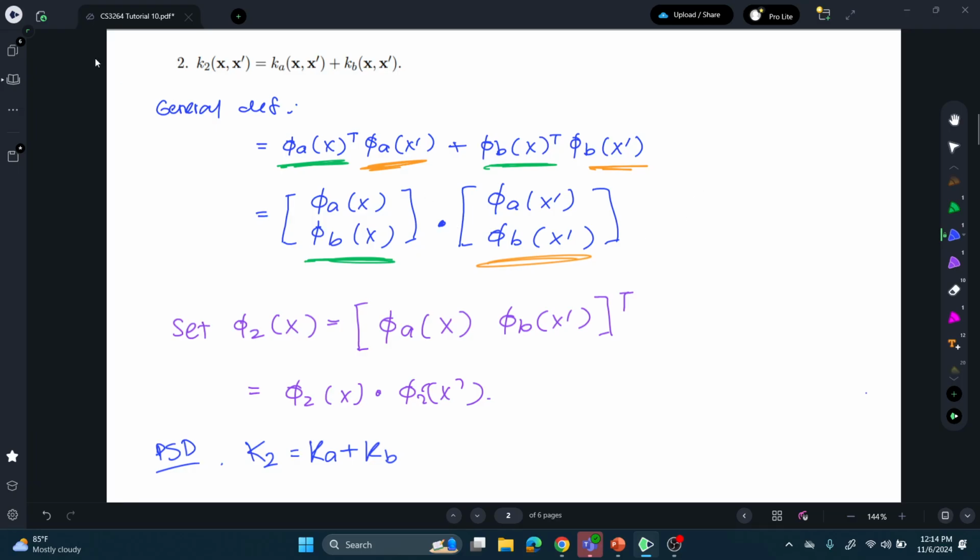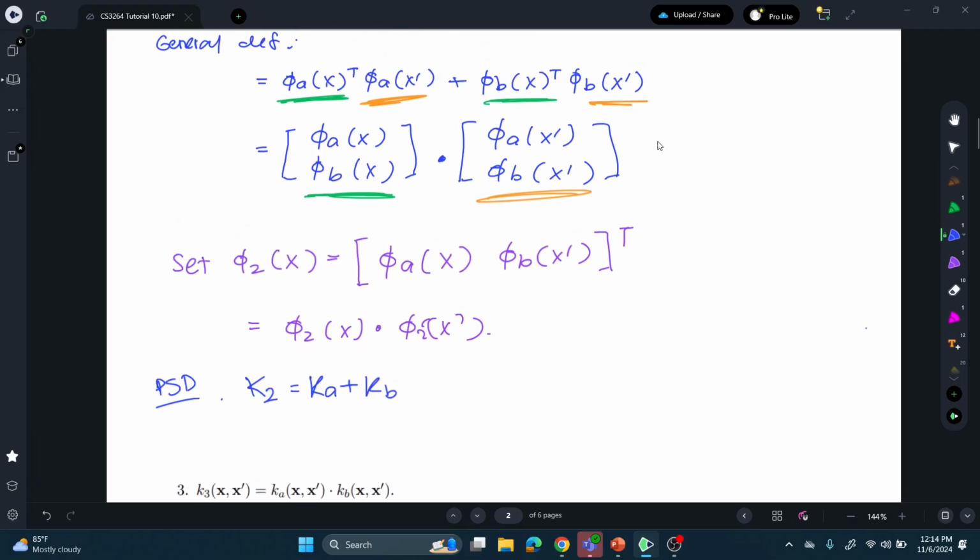The kernel matrix of this is just going to be the sum of the kernel matrix for A plus the kernel matrix of B. So what I need to show is that if I take any vector v and multiply it with the kernel K2 and v again, this must be greater than or equal to 0 for any possible vector. This is my goal.